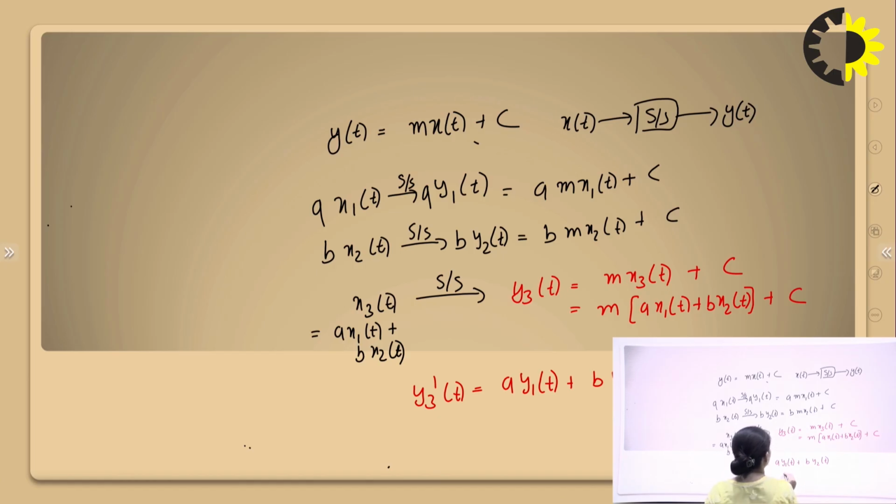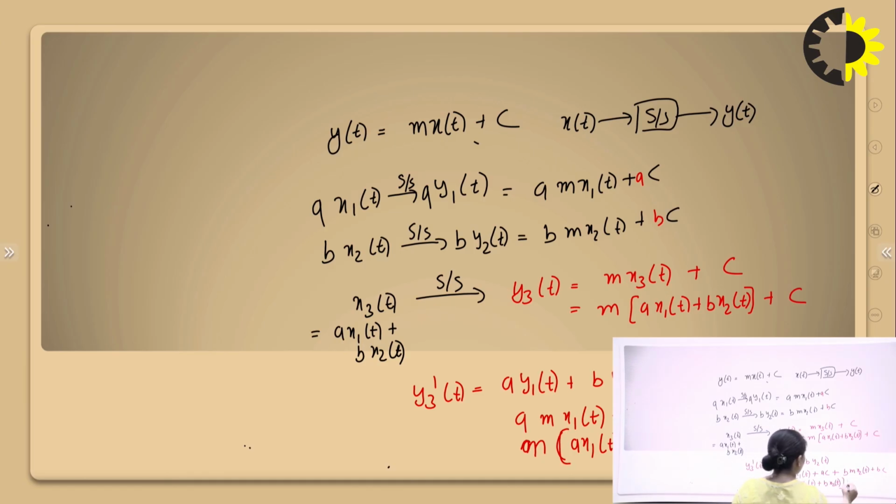That is A of m x1(t) plus, this is A, this is B, plus A of C plus B of m x2(t) plus B of C, and if I took it out, m into A of x1(t) plus B of x2(t), okay, this, and plus A of C plus B of C.